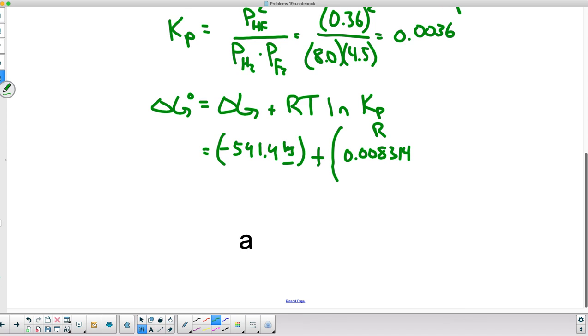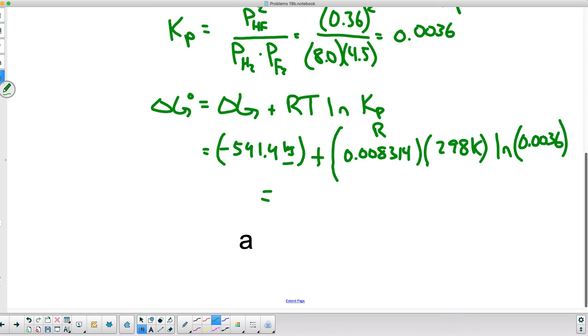I'm going to multiply that by 298 Kelvin, and multiply that by the natural log of 0.0036.